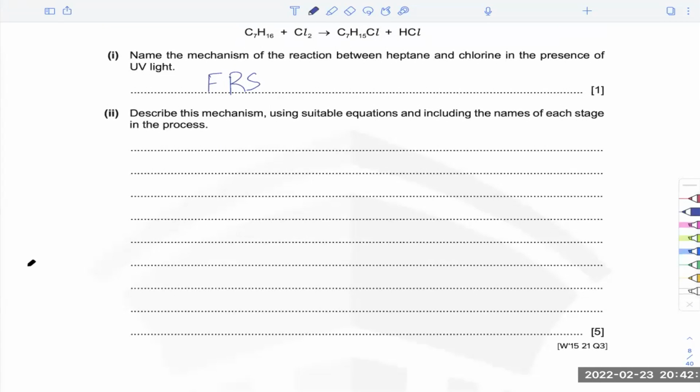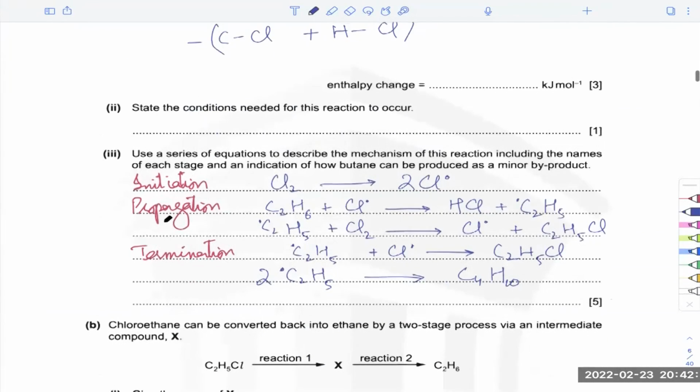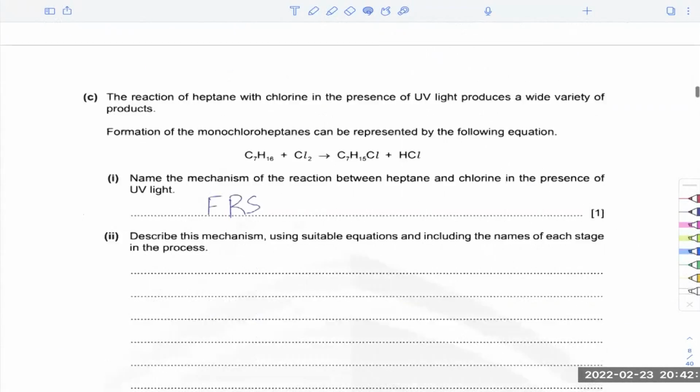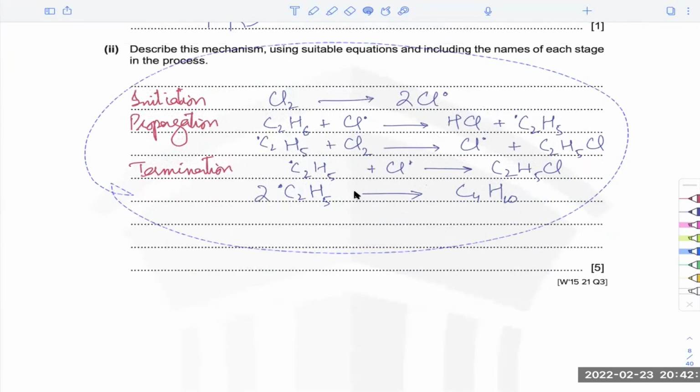The method stays the same. All you're going to do is go back to that question that we had and copy the exact same thing. We can write it again just by switching the formula of the hydrocarbon we use. So if I take this one, now all I need to do is change wherever I have this thing, change that.